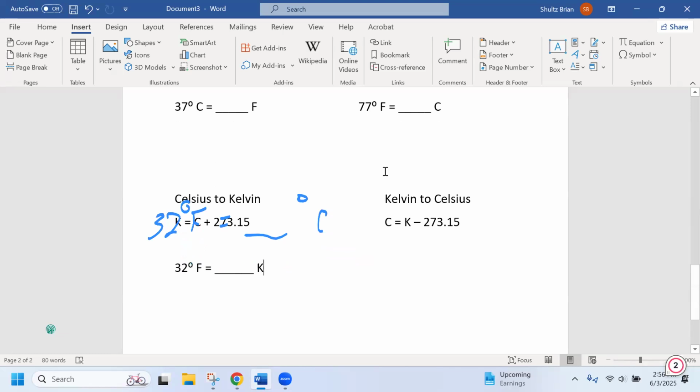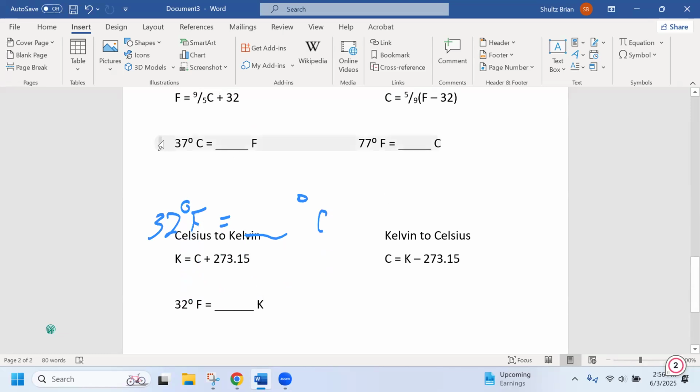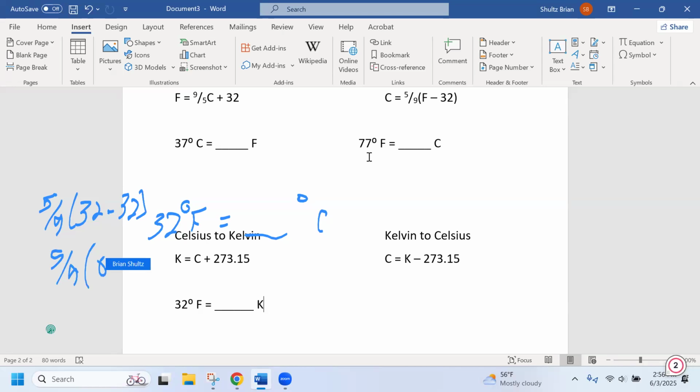I'm changing from Fahrenheit to Celsius, so I use 5/9 times 32 minus 32, which is 0. 5/9 times 0 is 0 degrees Celsius.